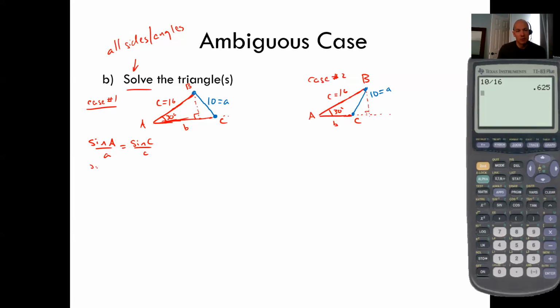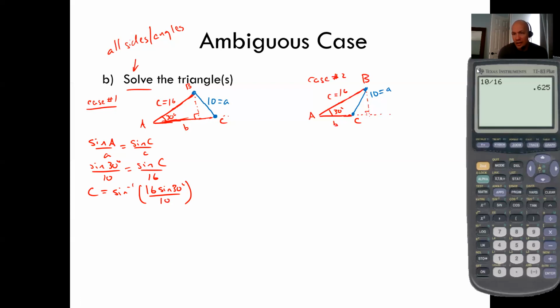So sine A equals 30 over A, which is 10. I don't know angle C, so I'm going to get that. This is 16 here. So rearranging, I'll multiply both sides by 16, and then I'll inverse sine, just doing it all in one go. So this would be the inverse sine of 16 sine 30 over 10.